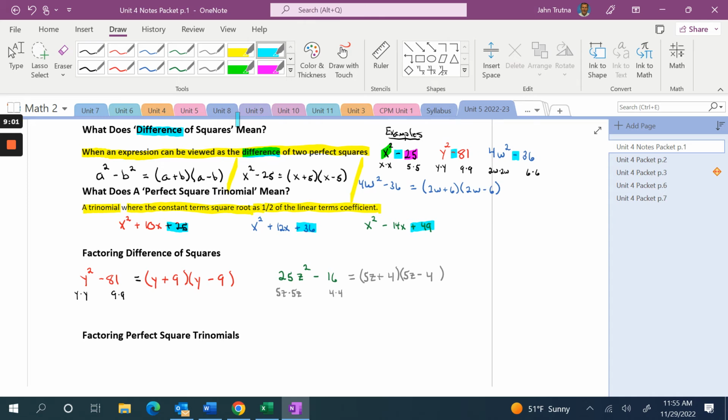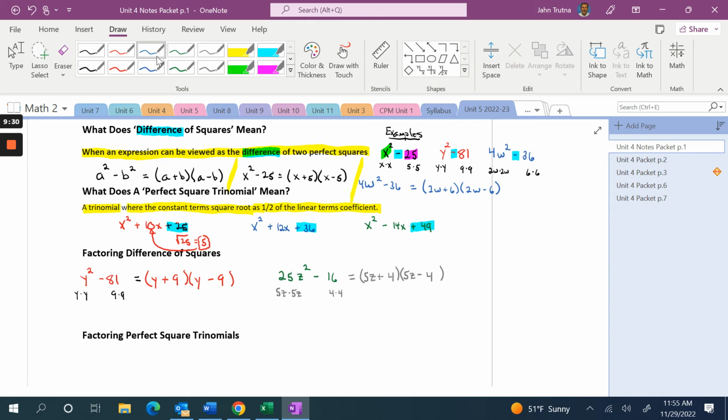Now, when you take the square root of that constant term, notice the square root of 25 is equal to 5. If that is 1/2 of the coefficient for the linear term, which would be 10, then this would be considered a perfect square trinomial, okay?